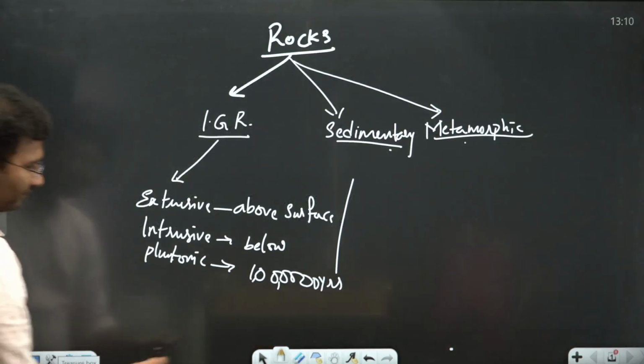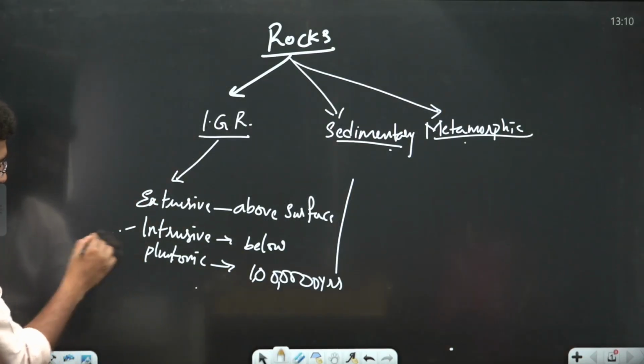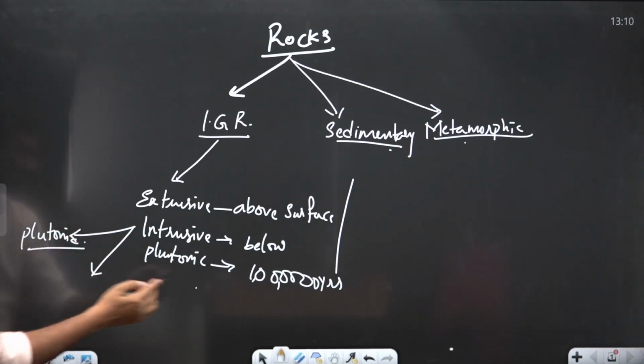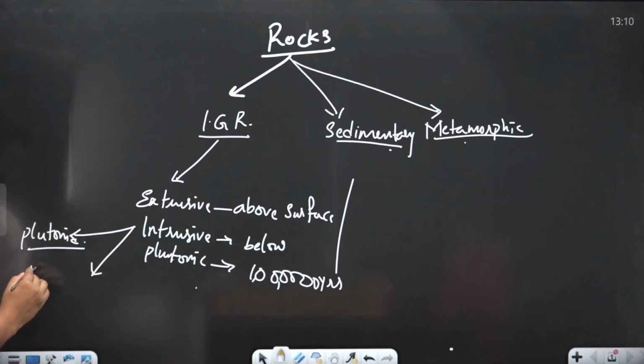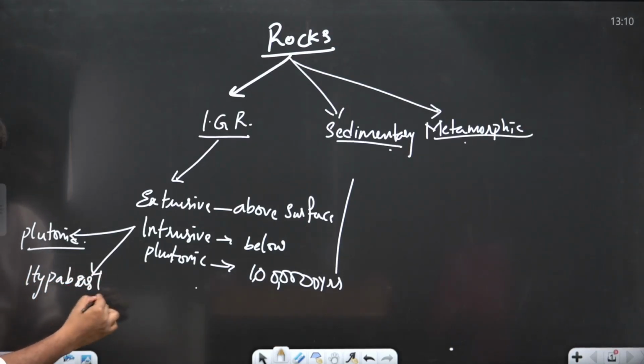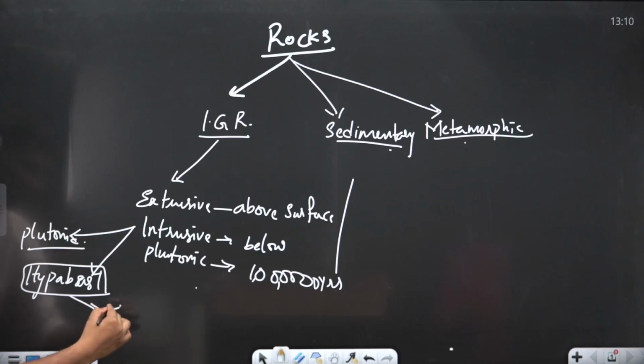Now look here, intrusive can be plutonic, which is cooled below the surface and takes millions of years, and the other one is hypabyssal, which means this is cooled at shallow depth.